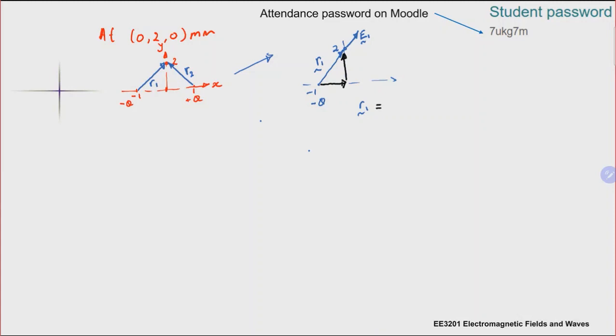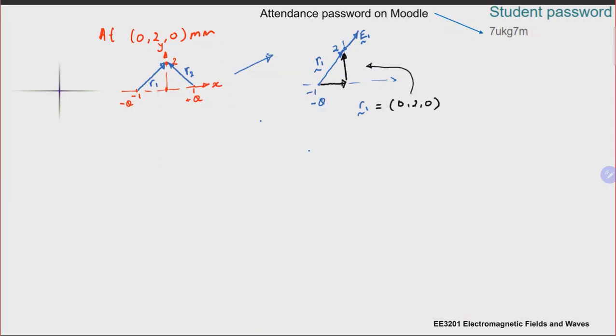So that will be equals to 0, 2, 0, which is this vector, and then minus 1, 0, 0.